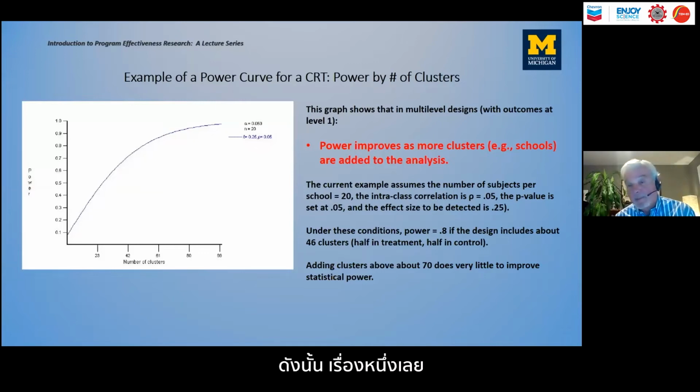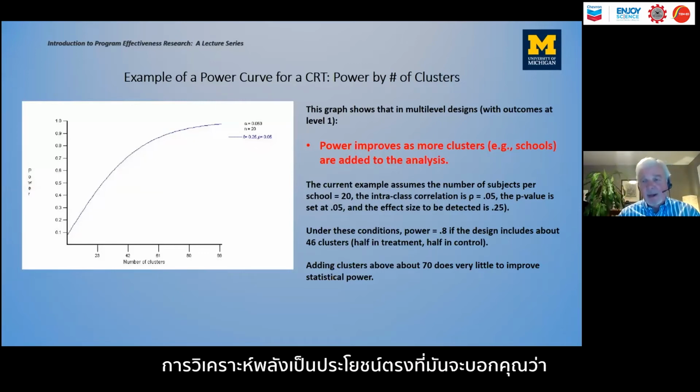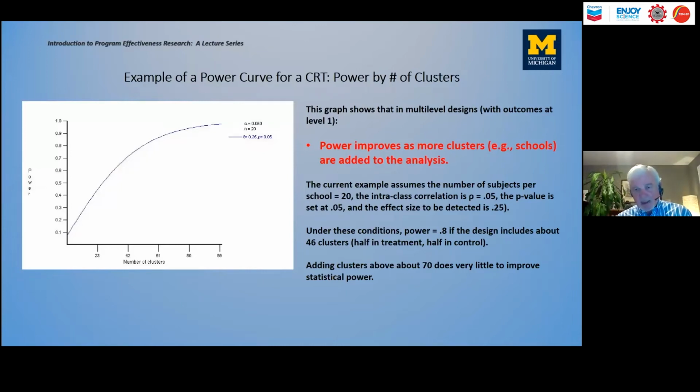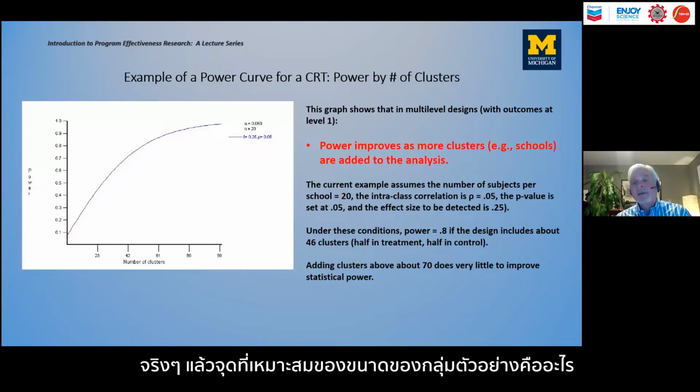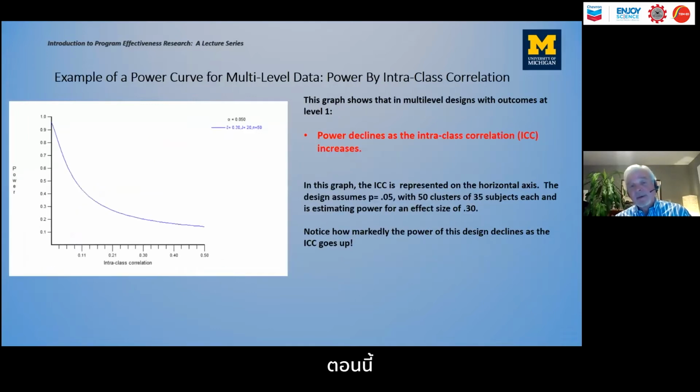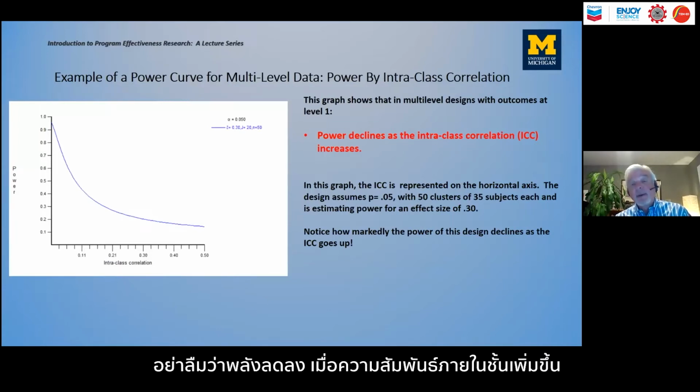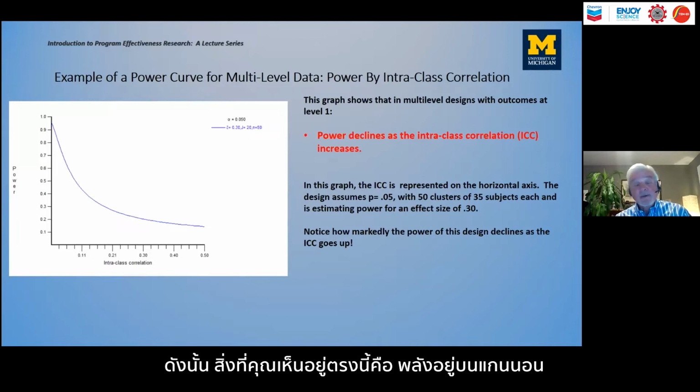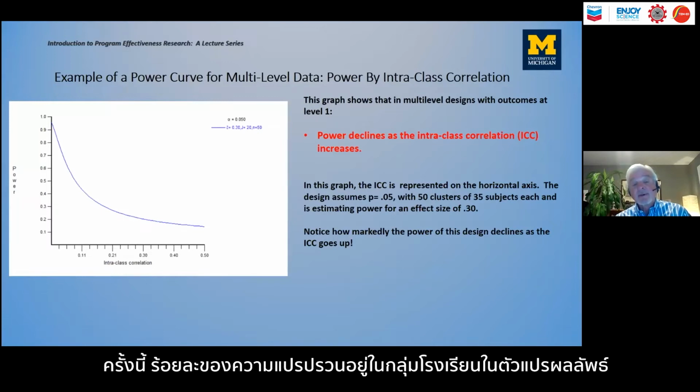So one thing that's useful about a power analysis is it'll tell you what the sweet spot of sample size really is. Now, I told you that power actually depends on a lot of things. Note here that power declines as the intra-class correlation increases. So what you see here is, again, power on the vertical axis. This time, the horizontal axis is the percentage of variance lying among schools in the outcome variable.